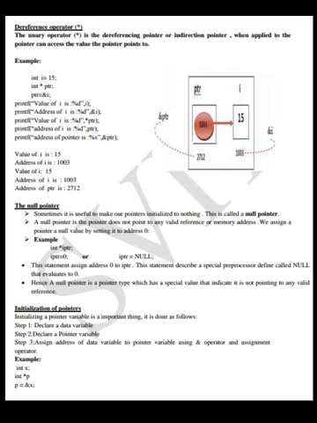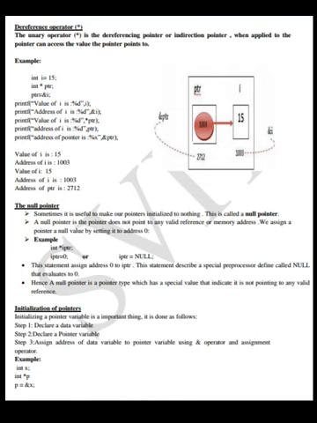The null pointer. Sometimes it is useful to initialize our pointers to nothing. This is called a null pointer. A null pointer is a pointer that does not point to any valid reference or memory address. We assign a pointer a null value by setting it to address 0. See the example. This statement assigns address 0 to IPTR.